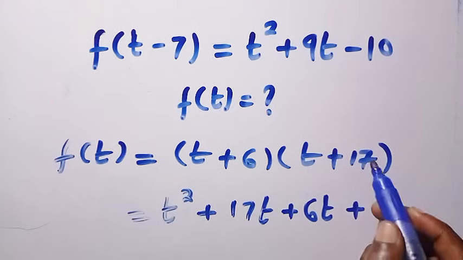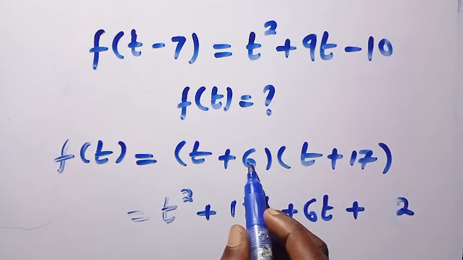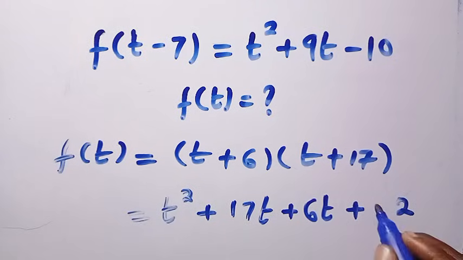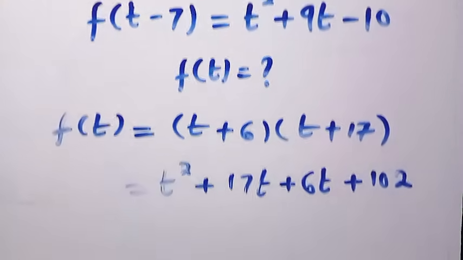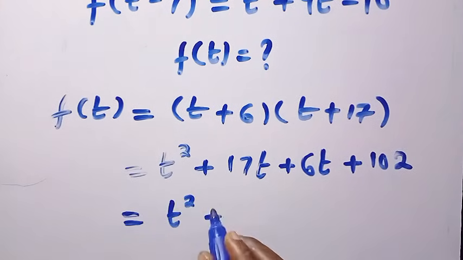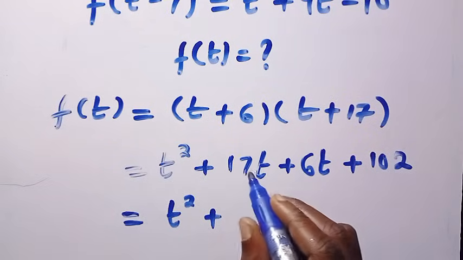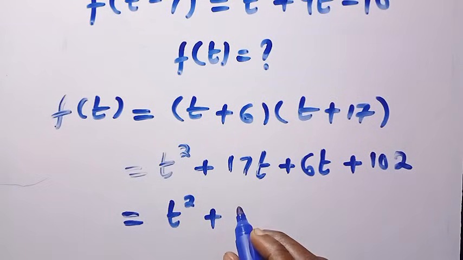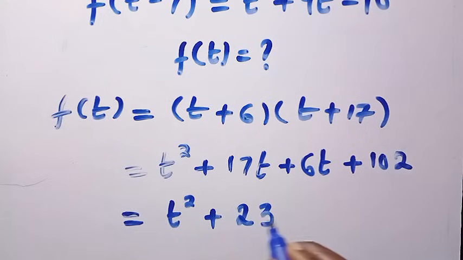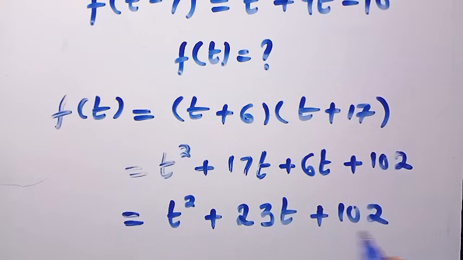So 6 times 7 is 42, we have it as 2 carry 4, and 6 times 1 is 6 plus 4. We have it as 102. So therefore, this equals t squared plus 17 plus 6. If you add 17 and 6 together, we have it as 23t then plus 102. Here is the final for f of t.